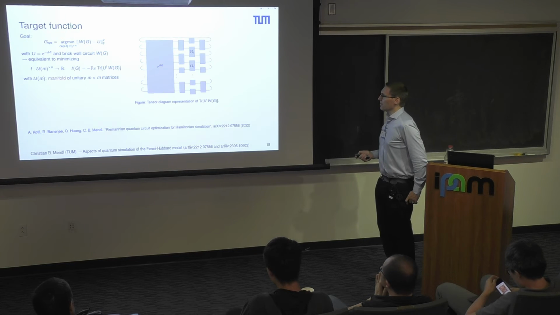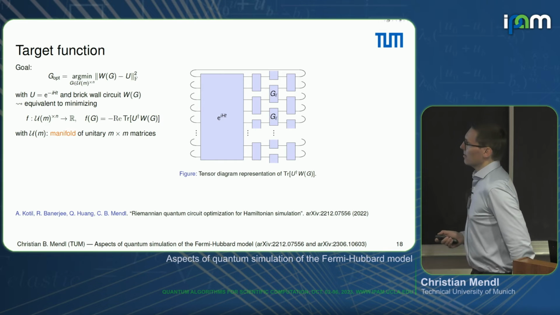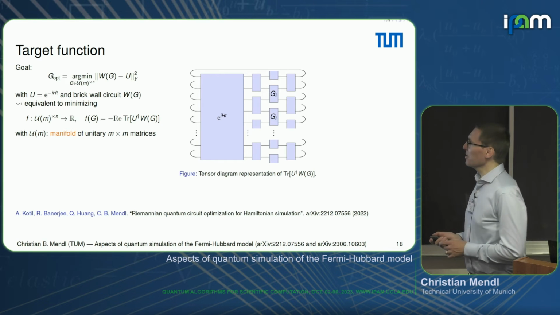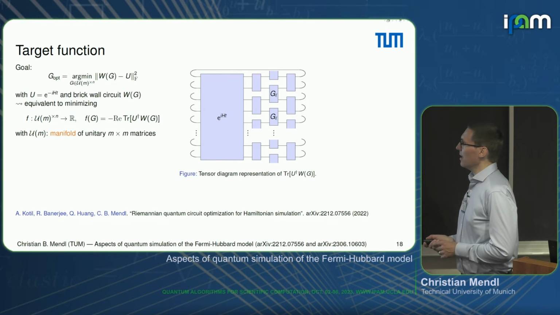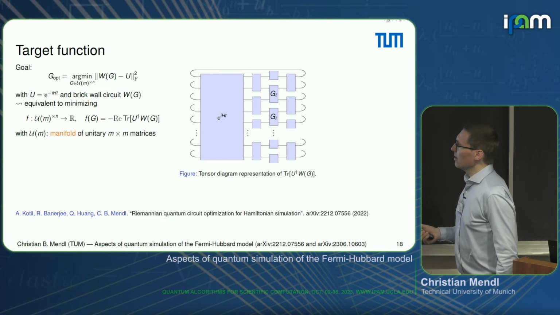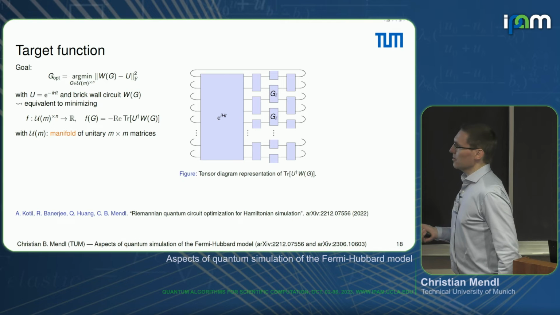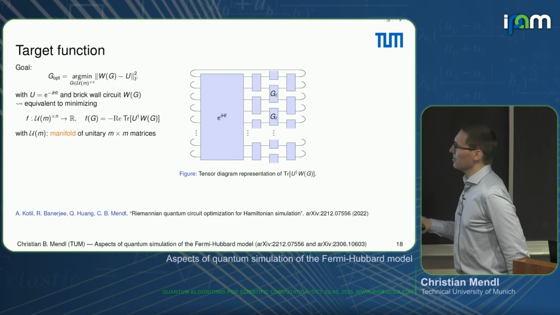And then the next point is a more technical one: how do we actually do this in practice? First of all, we define a target function, what you actually want to minimize. As I said, we minimize the Frobenius norm distance between the brick wall circuit and the true U, where U would be the true time evolution operator.